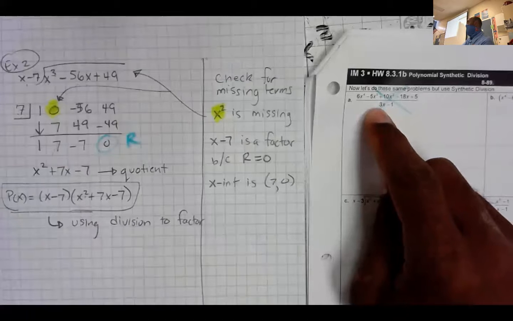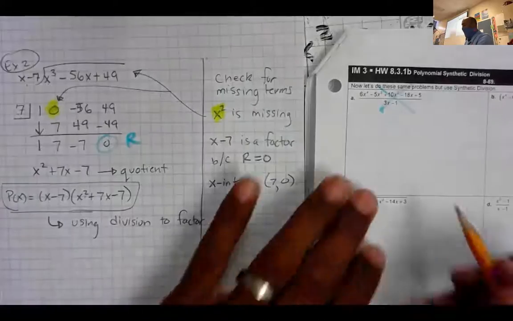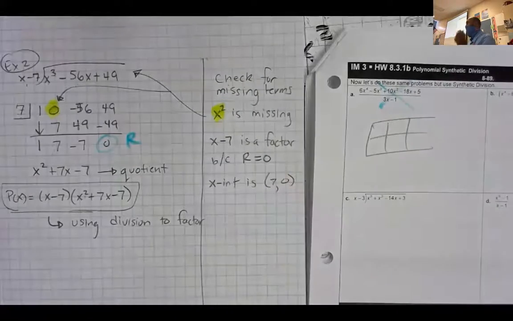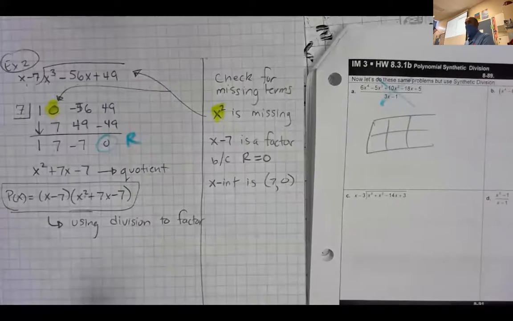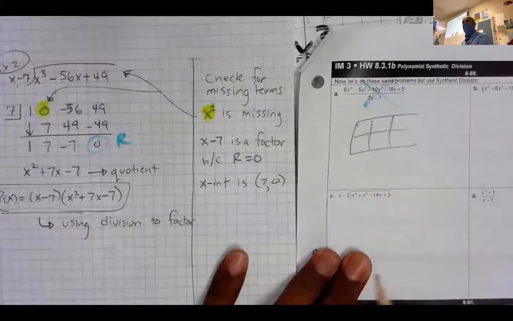So you can't have a 3 or a 5 or something like that. So just cross that one out. The only way to do that is box division, or polynomial box, or sometimes they call it long division. But if you did it already, it's fine. If you didn't, you don't have to.